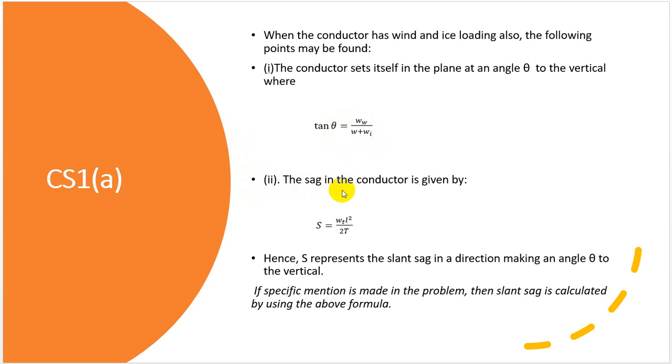The sag in the conductor is given by S equals Wt L squared by 2T. Hence, S represents the slant sag in a direction making an angle theta to the vertical. If no specification is mentioned in the problem, then slant sag is calculated using the above formula.